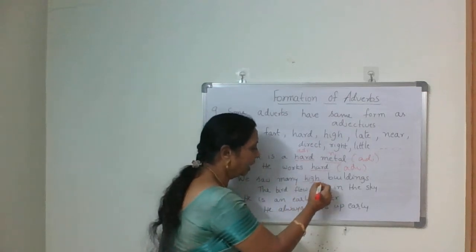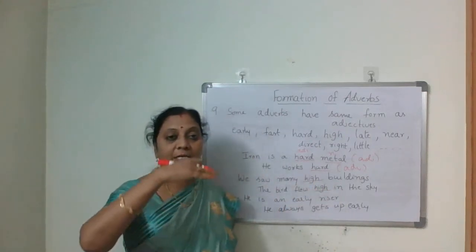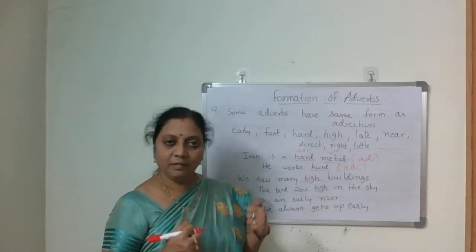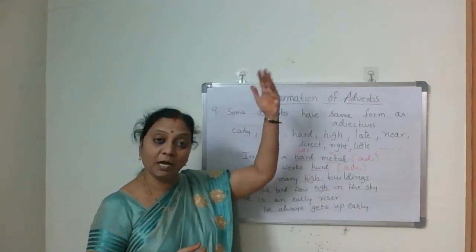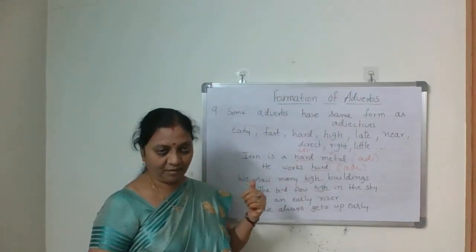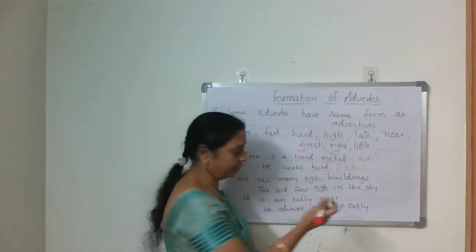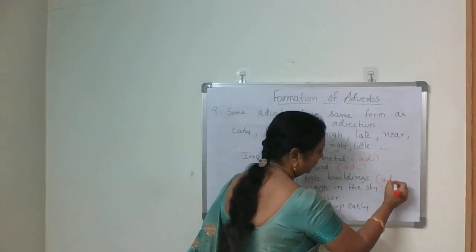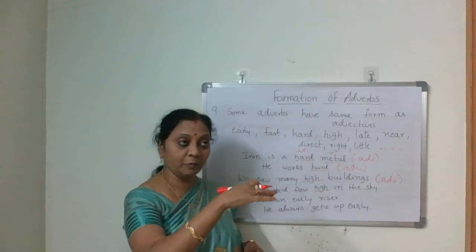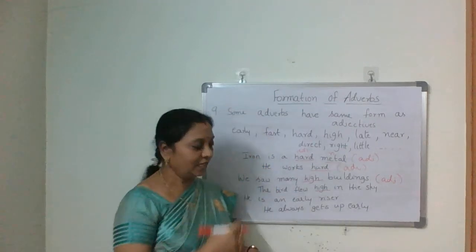Similarly, look at high. We saw many high buildings. Buildings is a noun, and high is describing how the buildings are, so it becomes an adjective. Whereas, look at the second example: The bird flew high in the sky.